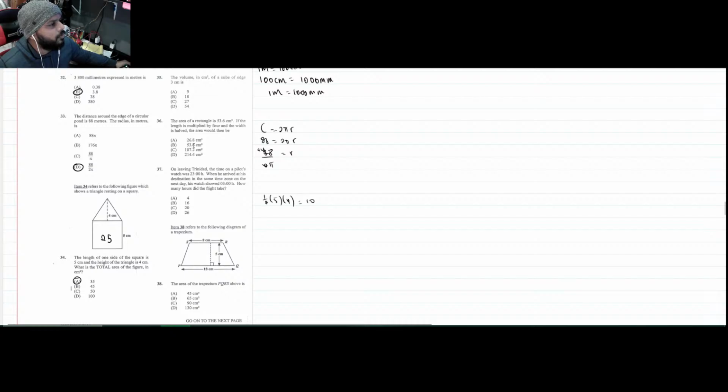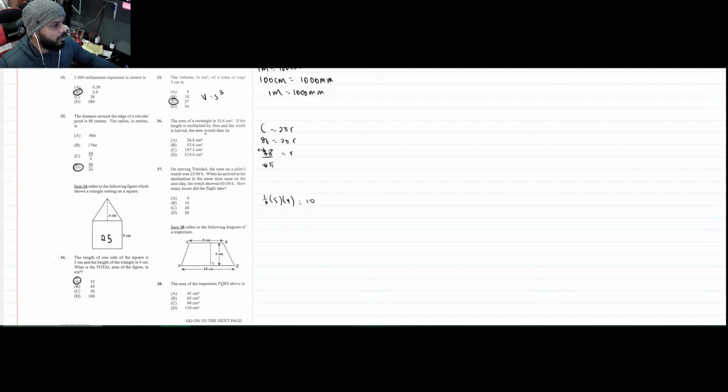The volume in centimeters cubed of a cube with edge 3 by 3 by 3 is 27. Volume is side cubed. The area of a rectangle is 53.6. Aha, I did a question like this a while ago. This is a nice question. The area of a rectangle is 53.6.